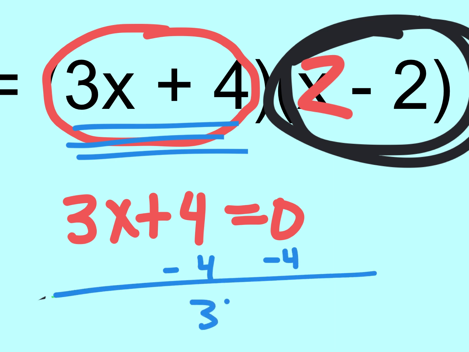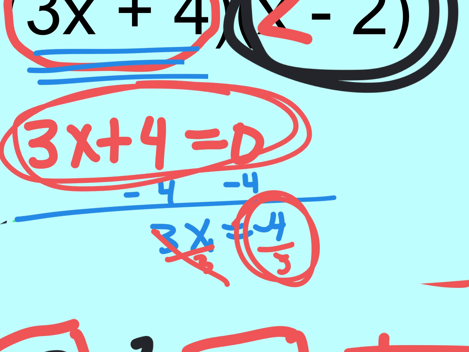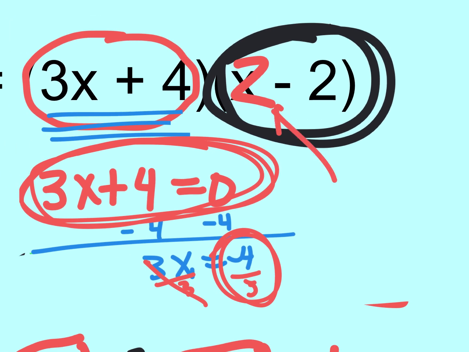And then you solve it. -4/3. Those should be easy for you if you take a second and set them up like this. Set them up equal to 0. So I got two answers. 2 for one of them, -4/3 for the other one. Okay.